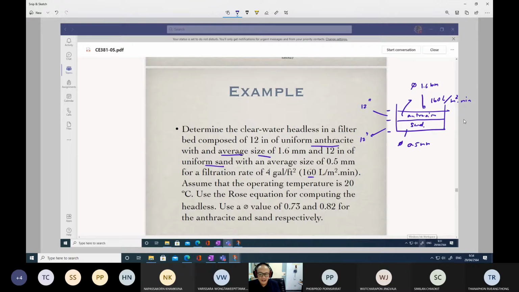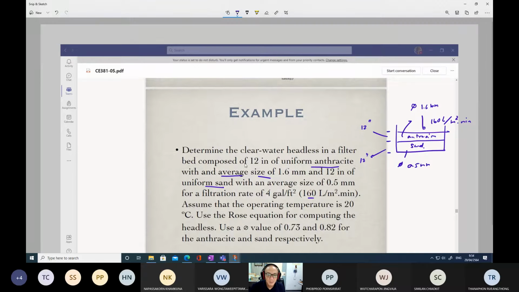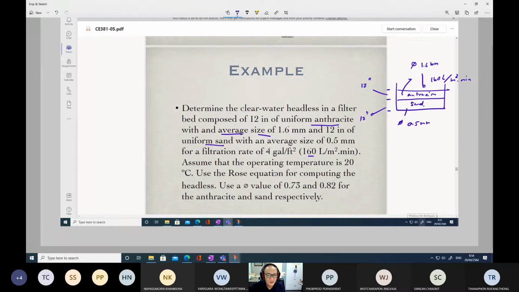Under this temperature, you have to look for the other physical properties of the fluid, depending on the equation you use. Sometimes you have to use the kinematic viscosity, and sometimes you may have to use the density.